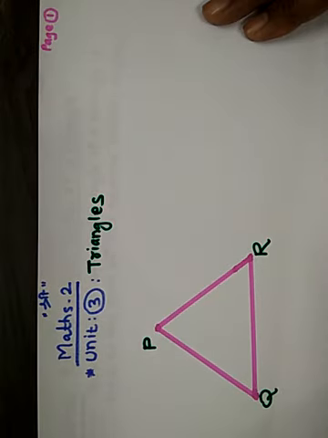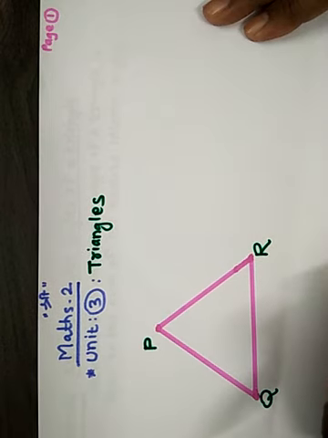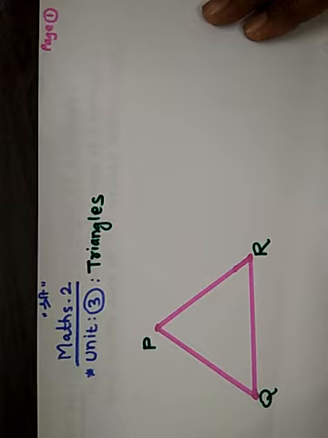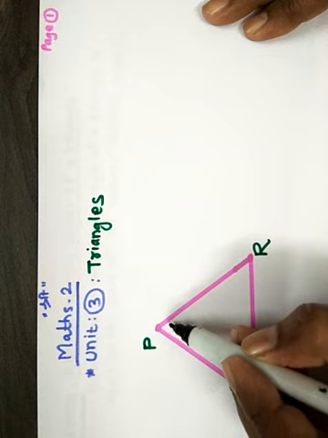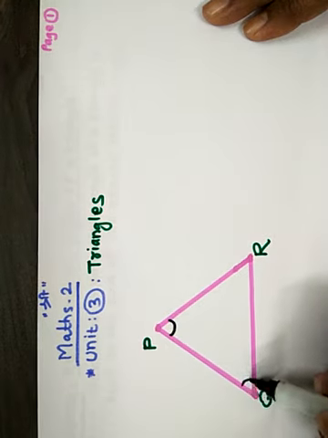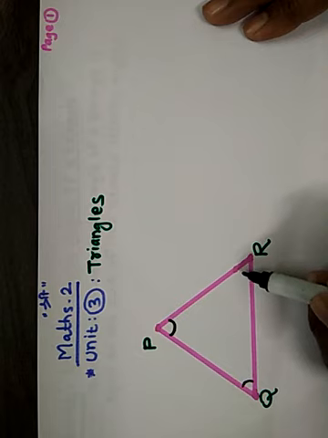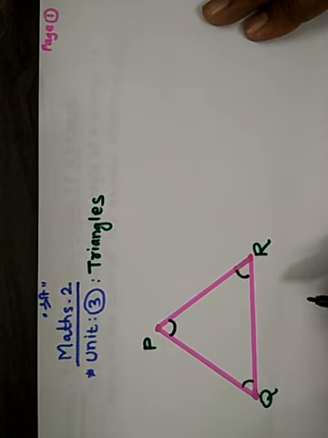To study the properties of a triangle, first we explain which are the interior angles of a triangle. See here, in triangle PQR, angle P, angle Q and angle R are called interior angles.